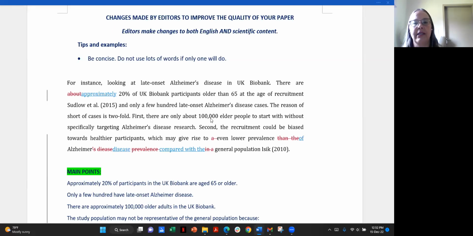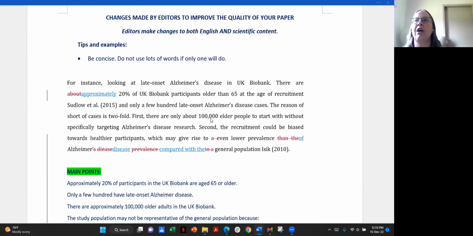The most important thing that I think needs emphasizing is that you need to be concise. Don't use a lot of words if only one will do. English is a very direct language. People get bored if you don't get to the point, and they'll probably stop reading what you're writing.